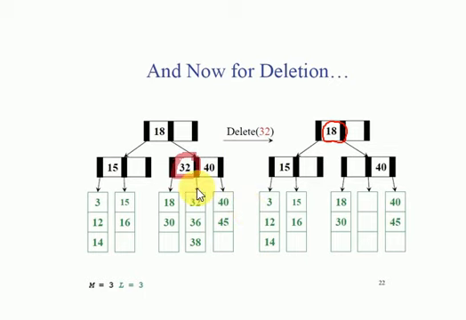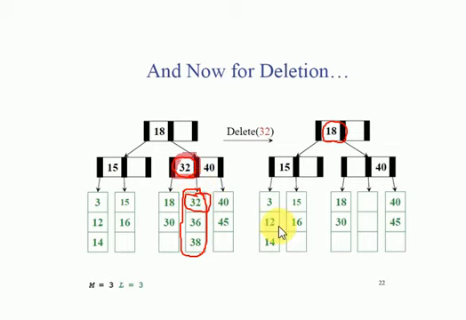So if you look carefully, this 32 is present in the data node and in the index node. So first of all, since the 32 in the index node has been taken from a data node, I'll take out the data node.